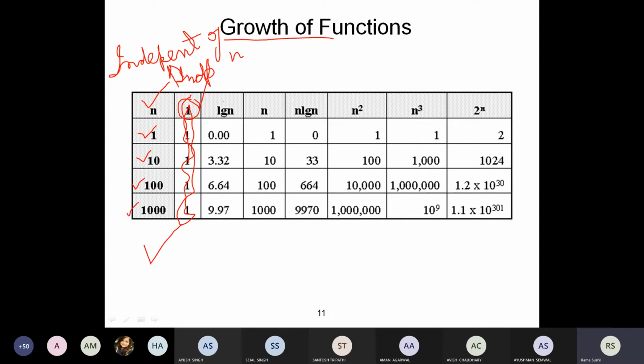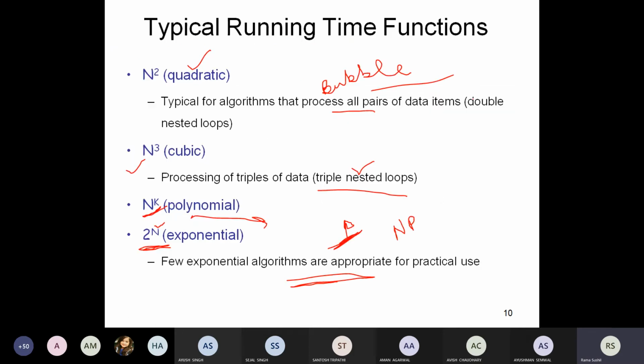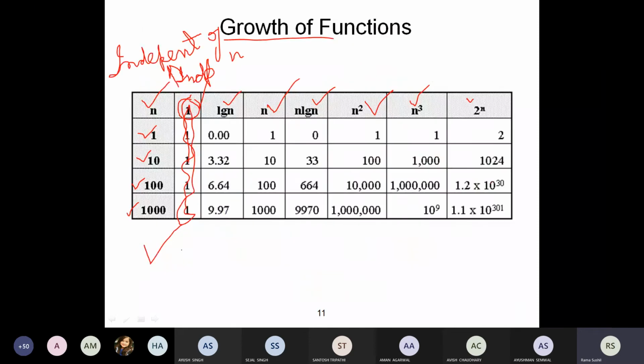So concentrate on log n, n log n, n square, n cube, and this 2 to the power n. 2 to the power n, you have seen exponential nature. You can see here with the values also, exponential nature. First of all, let me talk about this. In case of exponential nature, when the value of n is 1, 2 to the power n is going to give the value 2.